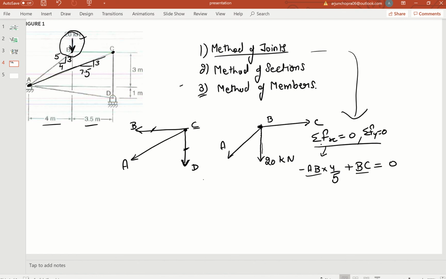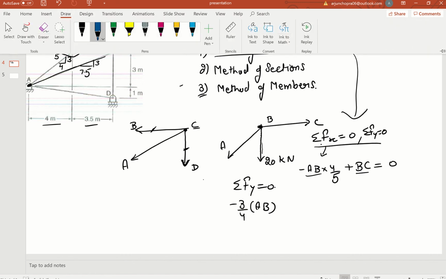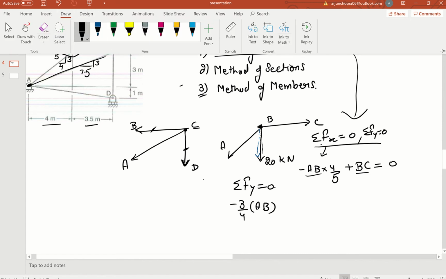Now what I'm going to do is move towards sigma F of y equal to 0. I'll write down this equation. It will be 3/4 AB, and this is on the negative side because this component is acting in the downward direction.